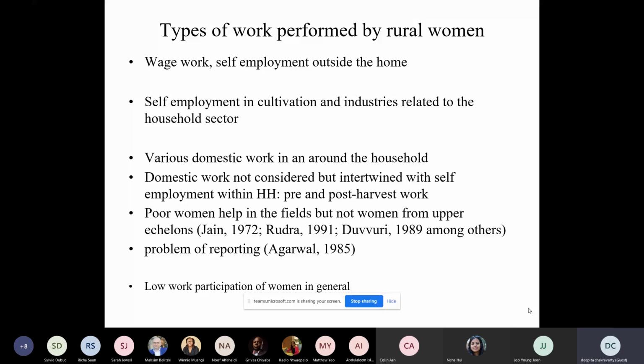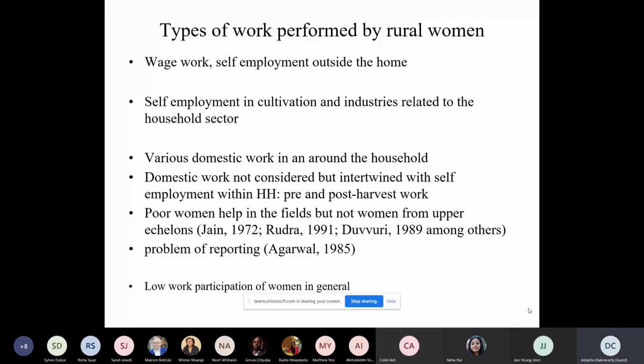Even if the woman herself answers, she will not look at her contribution in the field, her contribution related to the production work of the household economy, as independent work. Rather, she would look at it as household work, which is not enumerated as work in the larger data generation processes of the census and the National Sample Survey Organization of India.